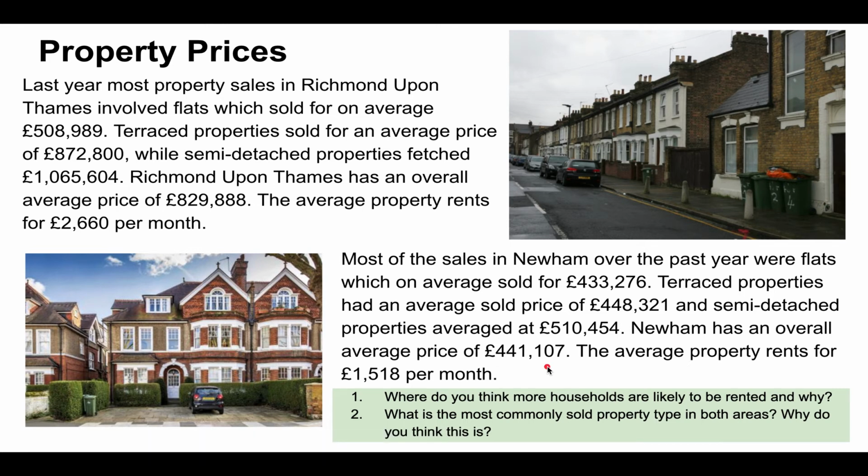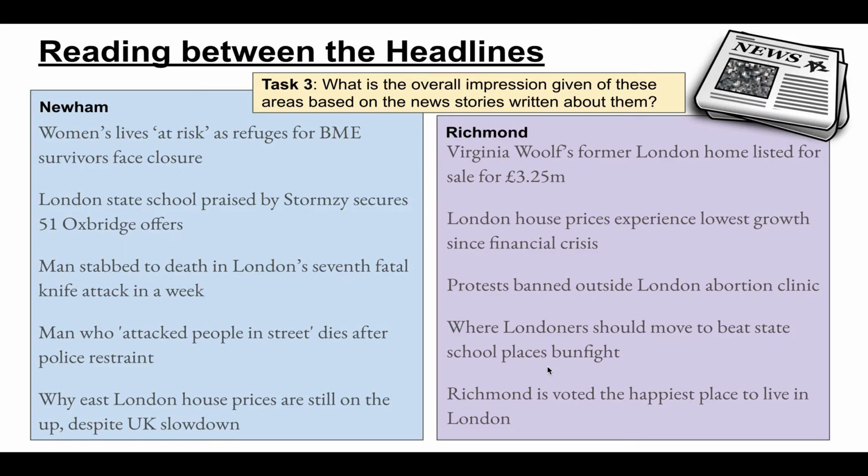The average property rents for Newham are £1,518 per month. So, earlier on in this lesson, we saw a couple of headlines, didn't we? We said that, if I go back, here we go, London house prices, and I think this is overall, experienced the lowest growth since financial crisis.